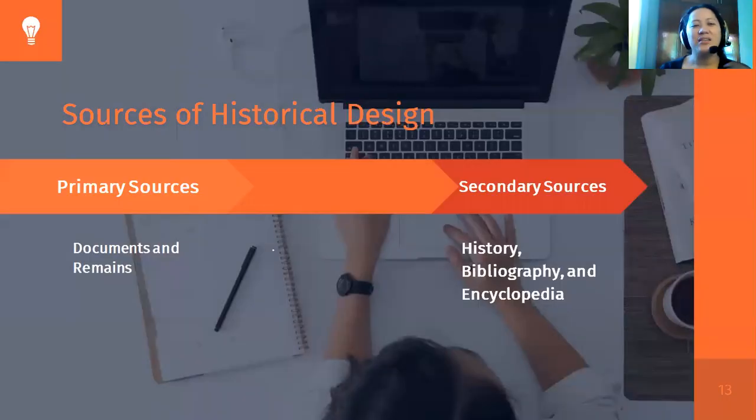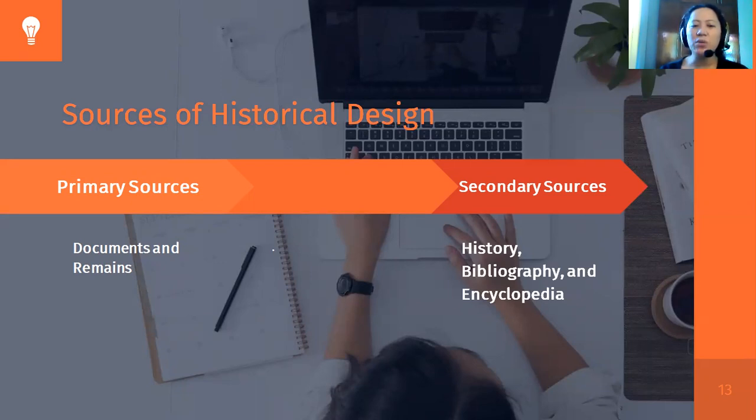There are two kinds of sources for historical design. First is the primary sources, and second is the secondary sources. When you say primary sources, it refers to the documents and remains, like the memorandums of the past, the legislative orders, executive orders.